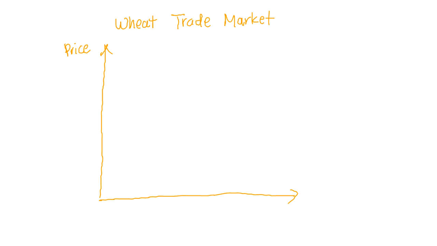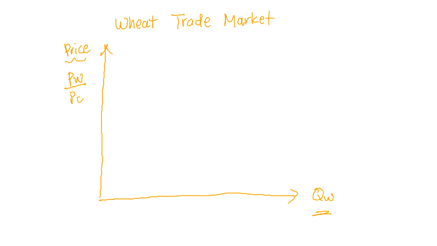Yep, so price. And here, the price we care about is the international relative price of the goods. What about the quantity? Since we are looking at the wheat market, we put the quantity of the wheat on the horizontal axis, right?